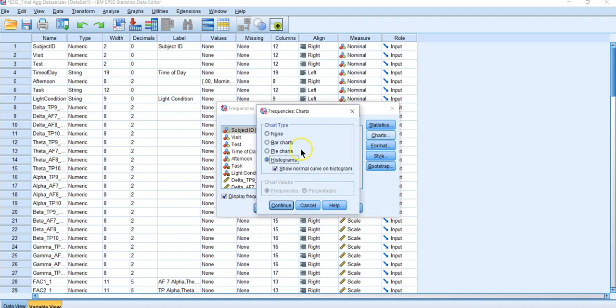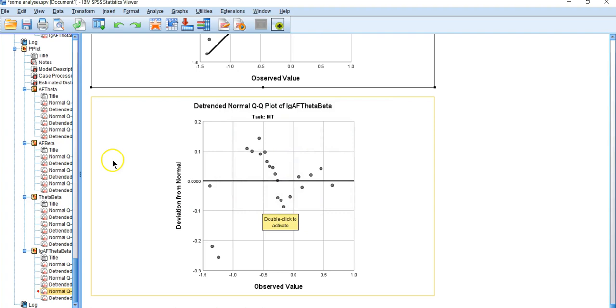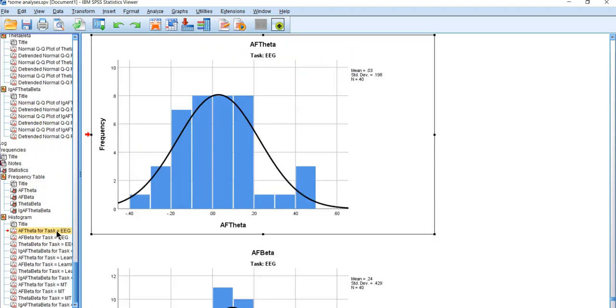We're going to do our charts, histograms, and we see here is alpha theta. You know, it's not exactly bell-shaped, but not too bad. Oh, and there were 3 tasks.